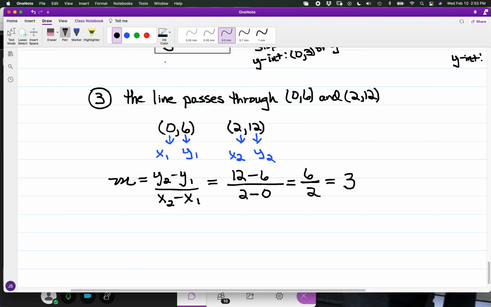Alright, and now from the attainment of the slope, once we set things up in terms of the point-slope equation, you can choose either of these ordered pairs to represent x1, y1. So again, you can choose (0, 6) or (2, 12).